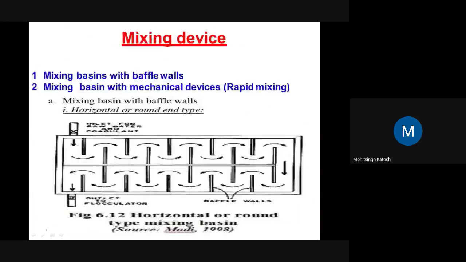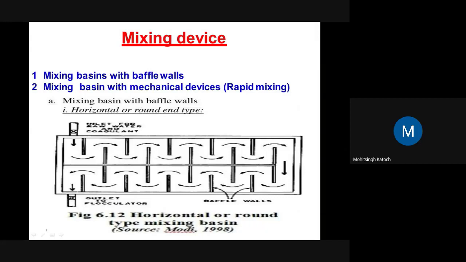These coagulants are added with the help of certain mixing devices. We can either use mixing basins with baffle valves. These valves help in changing the direction of water for a small duration, and whenever a change in direction of water occurs, there is some formation of eddies, and these eddies are the perfect spot to add these coagulants into the raw water, because eddies will help in natural mixing of coagulant with the water.